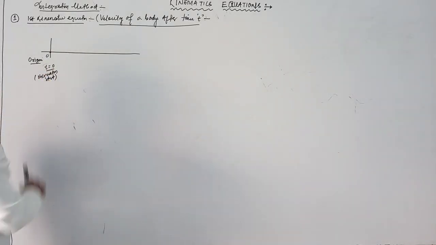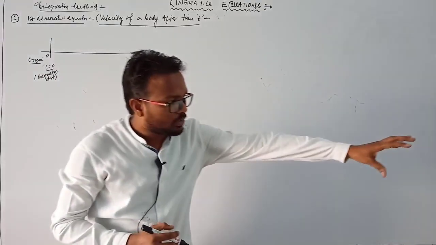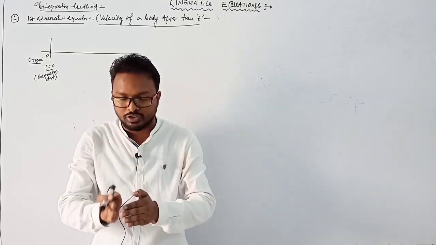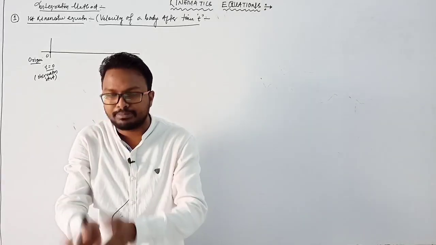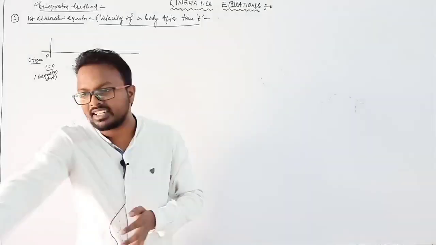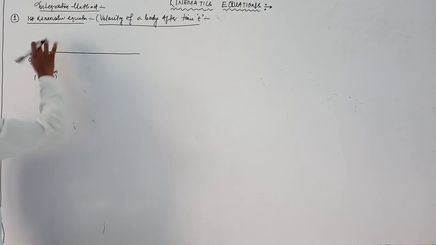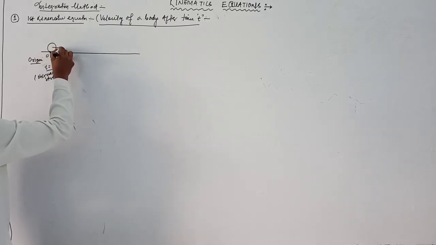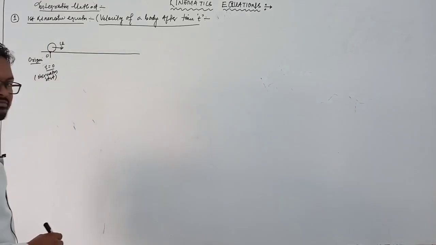When time t equal to 0, we observe that there is a car which is moving with a certain velocity, and this car crosses this point, crosses in front of me with a certain velocity. Suppose I am writing here, there is a body or car which is moving with certain velocity, suppose u, at time t equal to 0.